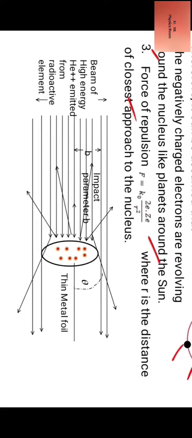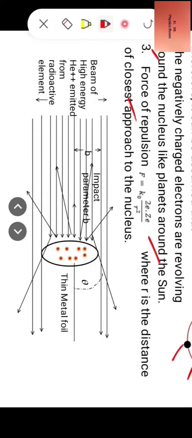Here you can see the central particle, which is undergoing 180-degree deflection, that can reach the nucleus to a closest approach. After that, it is repelled and it retraces back its path. So here you can see in the diagram, this is the distance of closest approach, r.